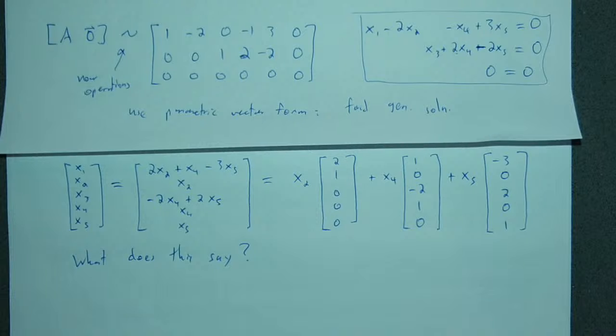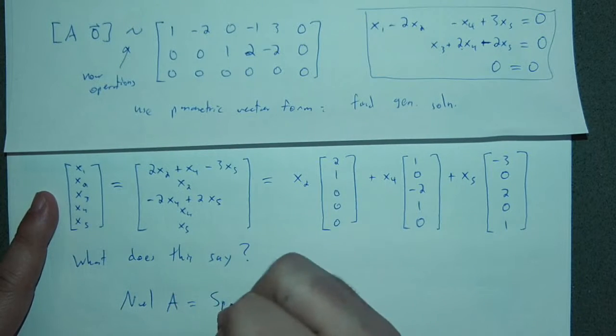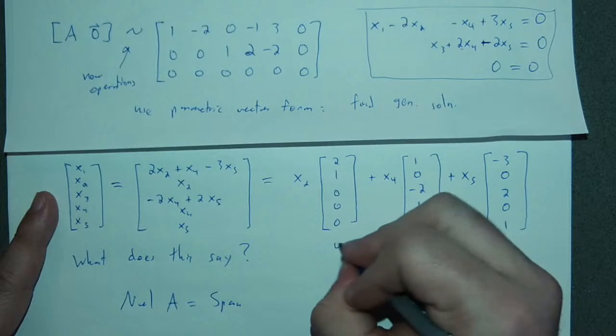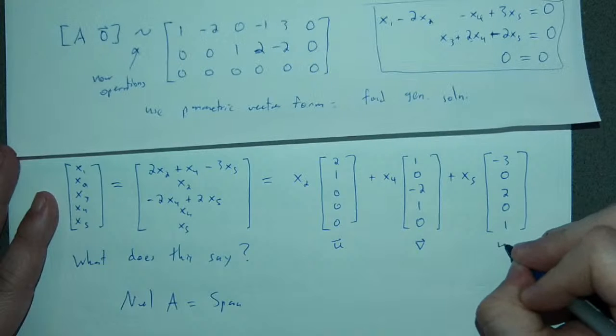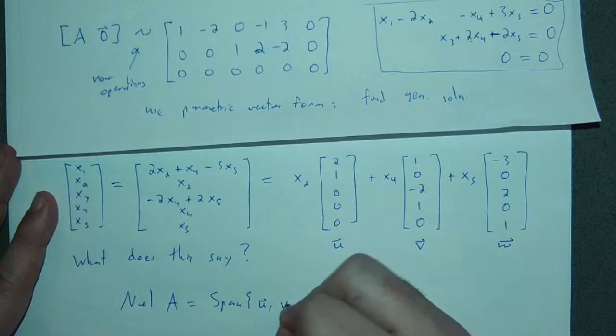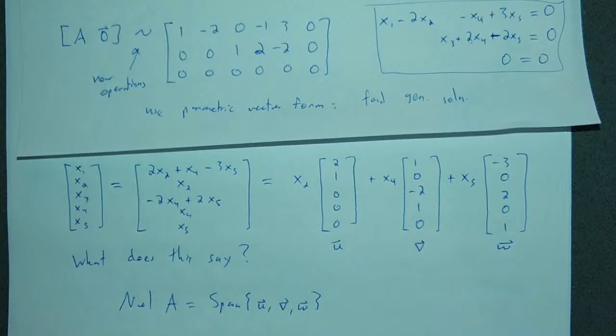Well, this statement says literally that the null space of A is equal to the span of the three vectors. I'll call this vector u, this vector v, and this vector w. It says that it's the span of u, v, and w. And so I have found exactly my set of vectors that is the spanning set for the null space.